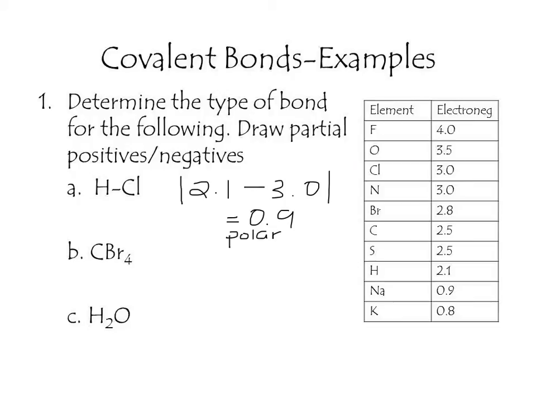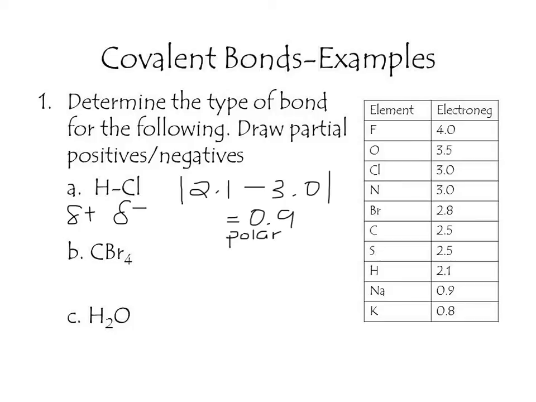So this is a polar bond. Now the next thing we need to do is write the partial positive and partial negative. When we're looking for who to write that delta minus or delta plus, basically you just have to look which one has a higher electronegativity. Well, 3.0 is the higher one, and so that belongs to chlorine. So I'm going to go ahead and write the delta minus under chlorine and the delta plus for hydrogen.